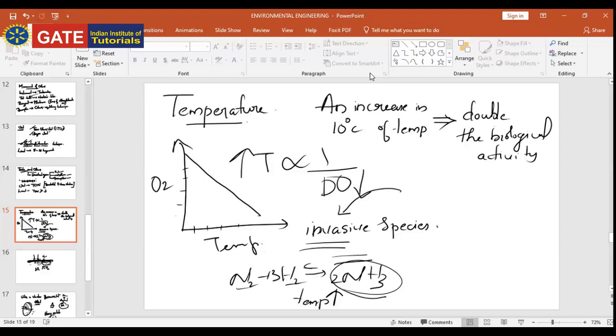So this 10 degrees increase in temperature will not affect the aquatic organisms that much. If it is 20 or 30 degrees Celsius, these organisms will die off completely. But with a 10 degrees Celsius increase, these organisms will be affected in their breeding, but not in their survival. Breeding is not happening, but survival may still happen in some of the organisms. So that biological activity is still persisting.